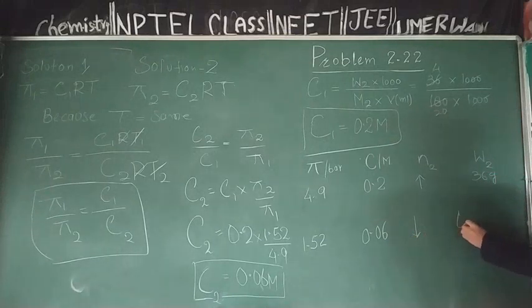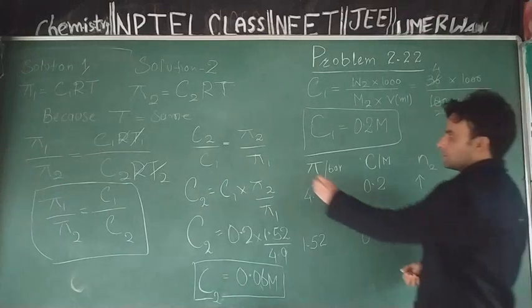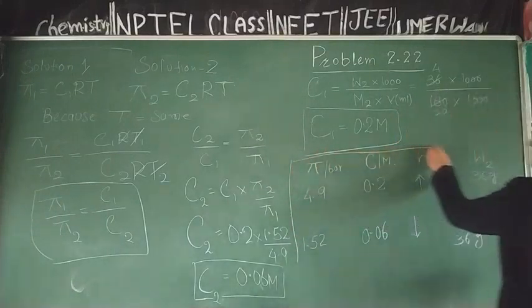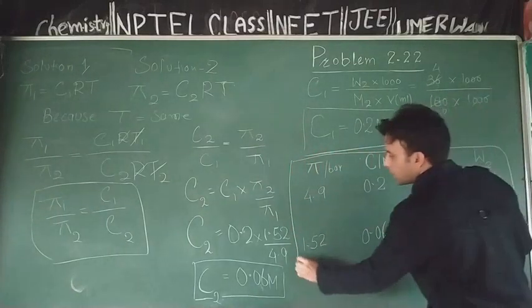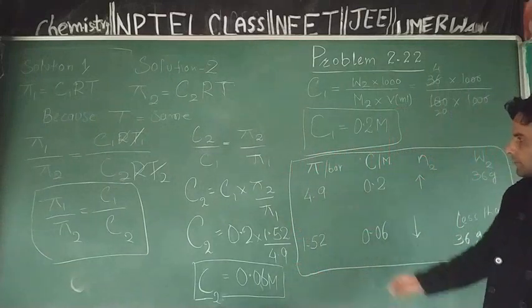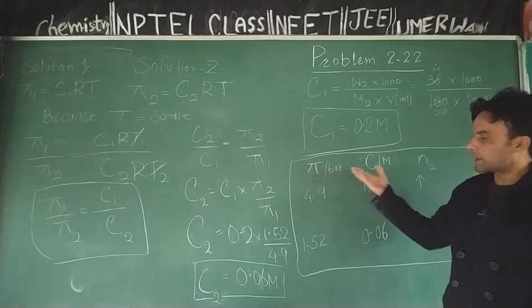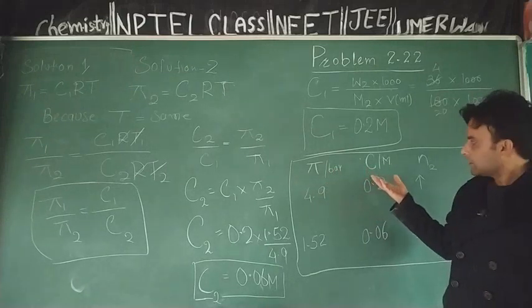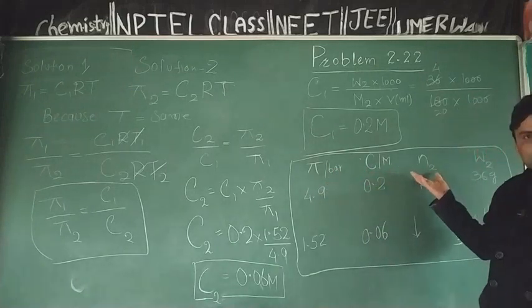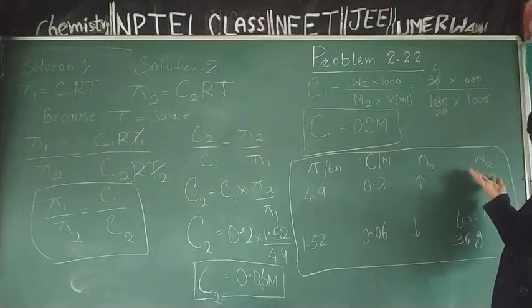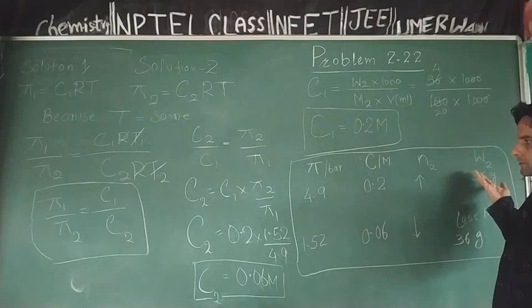Here weight dissolved will be less than 36 grams. This is the data I put before you in form of table, and information is that osmotic pressure has direct dependence on molarity of solution, or on number of moles of solute, or on mass of solute present in solution.